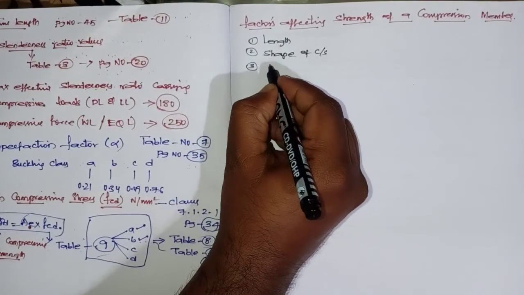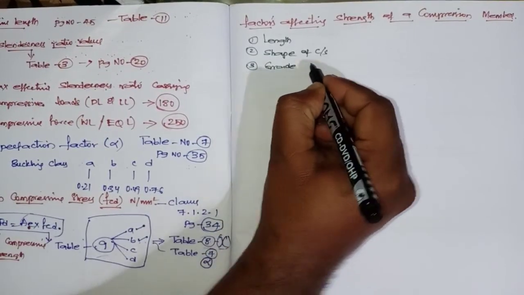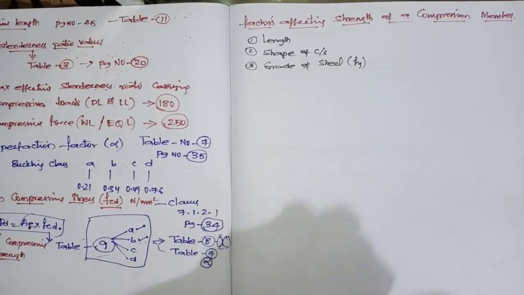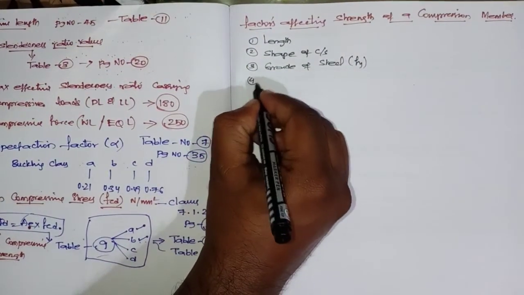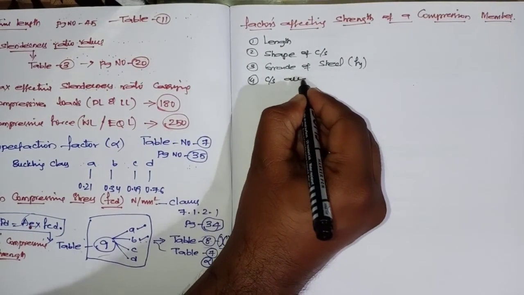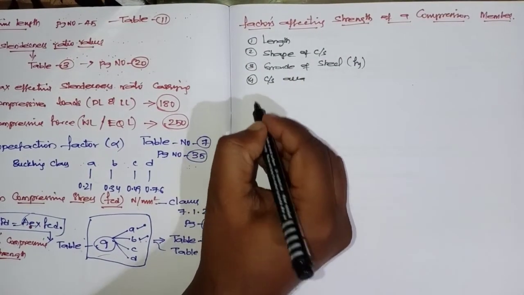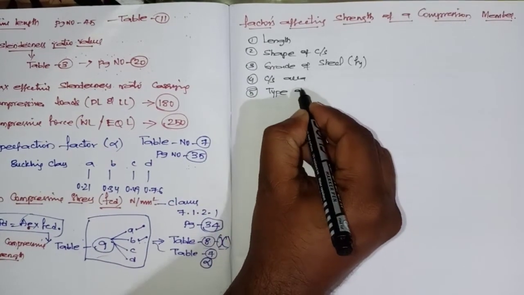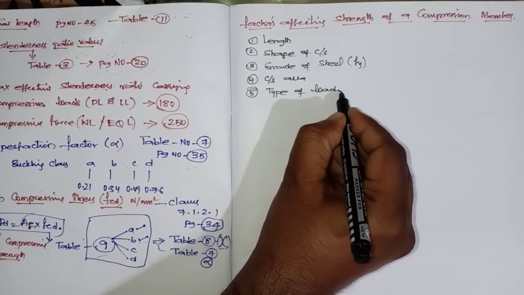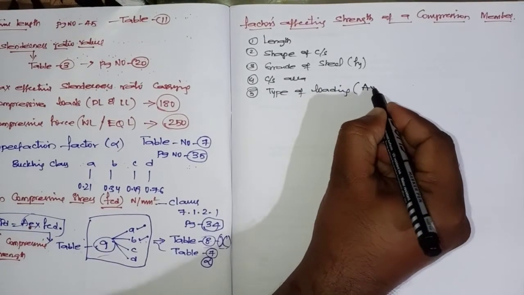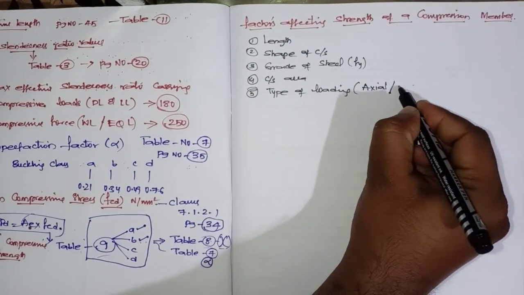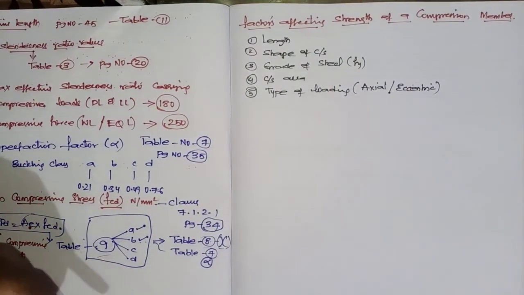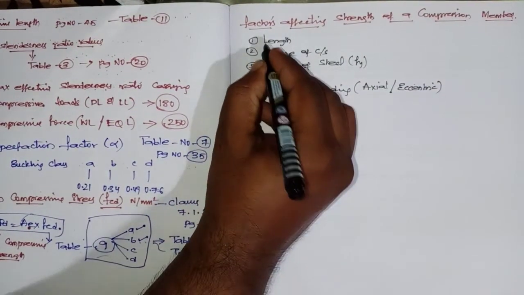Next, the grade of steel also matters, as you will be getting the yield stress. Next, the cross-sectional area. Next, this is very important, the type of loading, whether it is an axial load or an eccentric load.